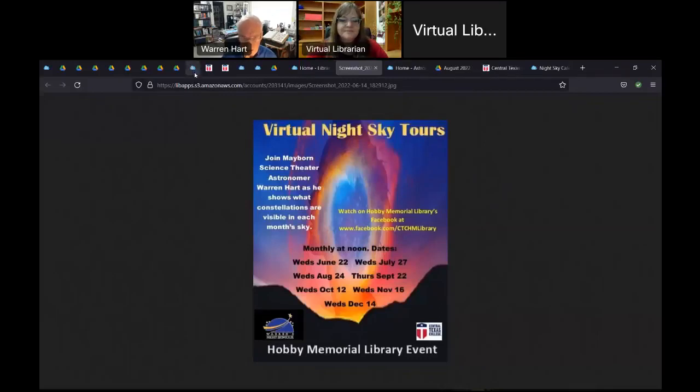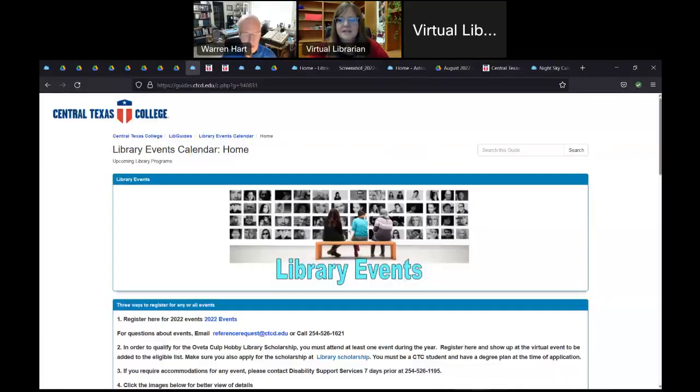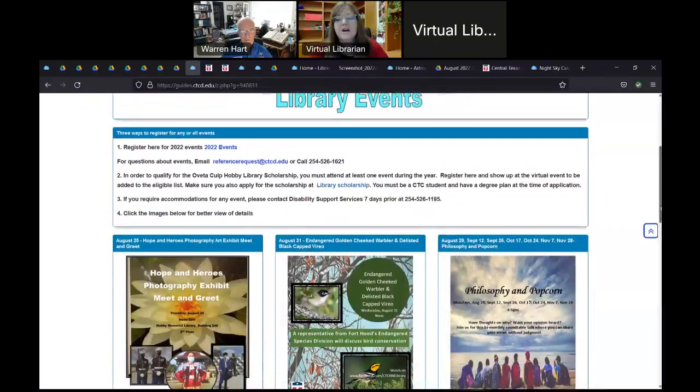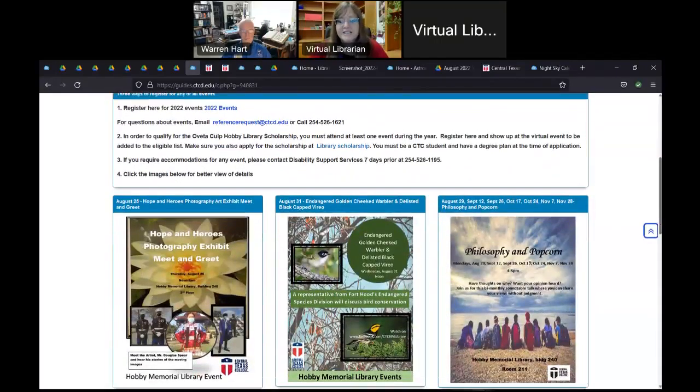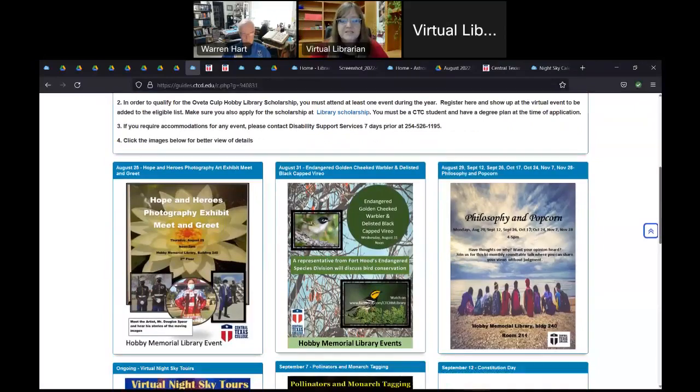You can either write down the dates or just remember to go to the library page and go for the astronomy LibGuide, the research page. We also have flyers on the bulletin boards in most buildings.